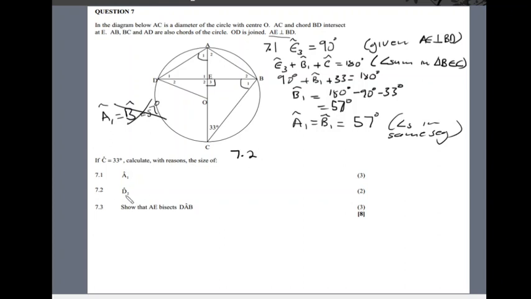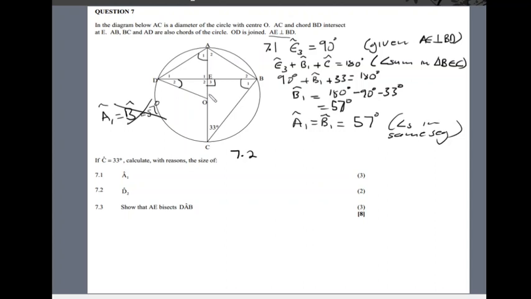Okay, so 7.2 they want us to calculate D2. There's D2 lapha, right? And then the approach that I will use is, okay, let's see. I have A1, and then I can have BD1 as well, right?